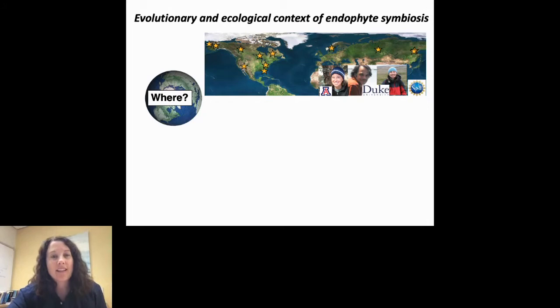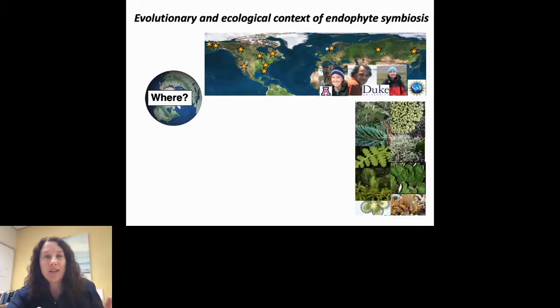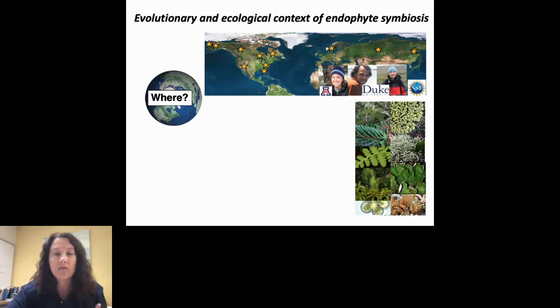In addition to looking at how endophytes are distributed in different geographic locations, we're also interested in where endophytes are distributed in different hosts across these regions. In each one of these sites marked with a star, we sampled 20 phylogenetically diverse plant and lichen species that span the major lineages of land plants and lichen-forming fungi.